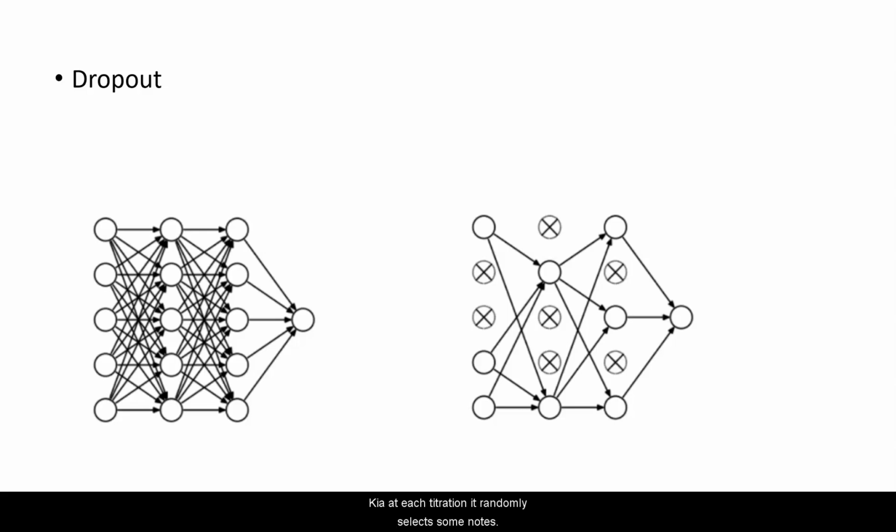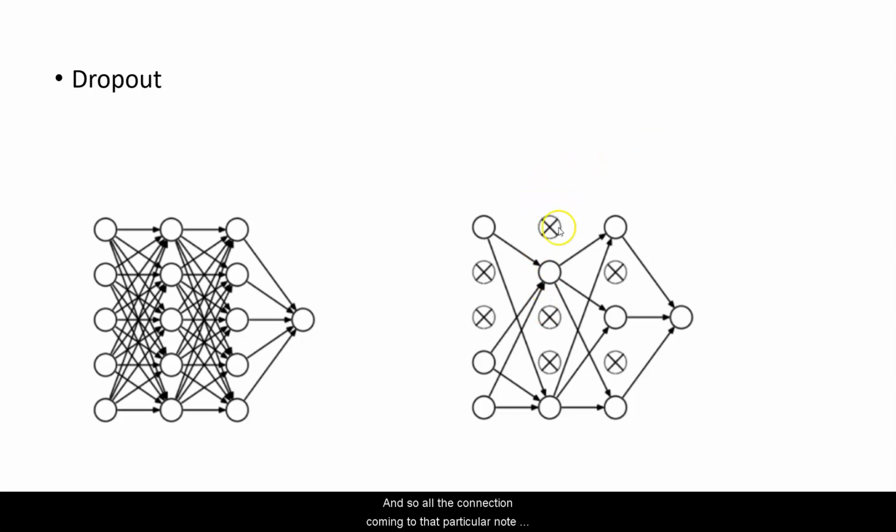Here, at each iteration, it randomly selects some nodes and removes them along with all of their incoming and outgoing connections. As you can see, in this particular neural network, the nodes represented as crosses are the ones which have been randomly removed from your neural network.